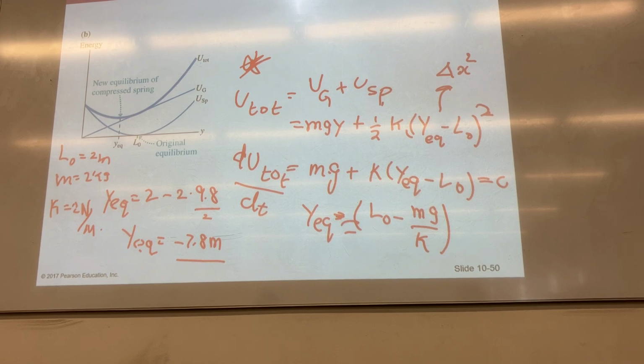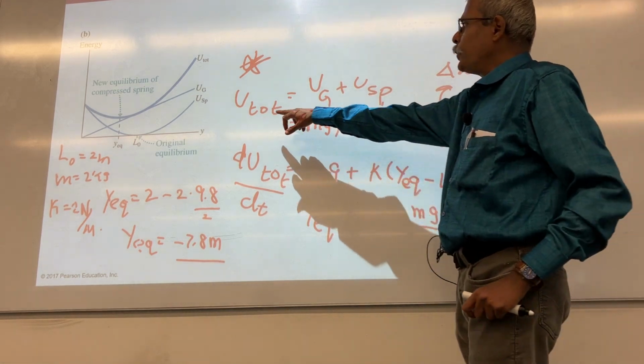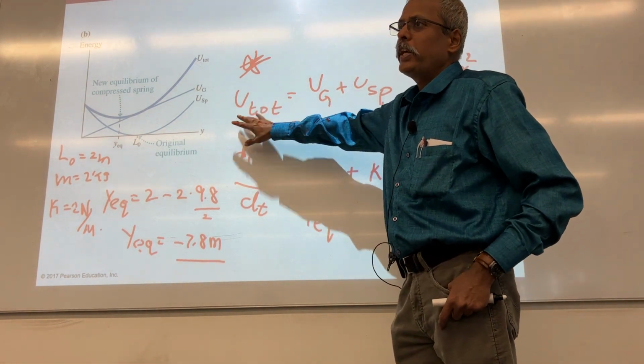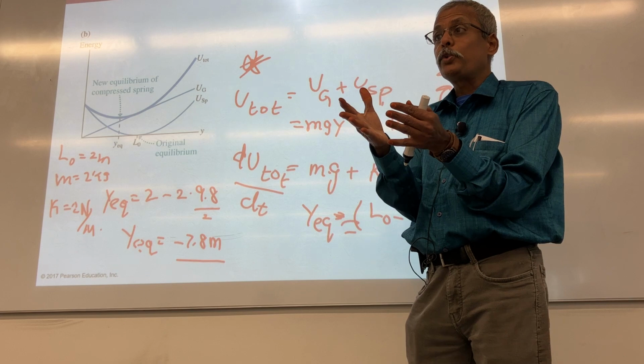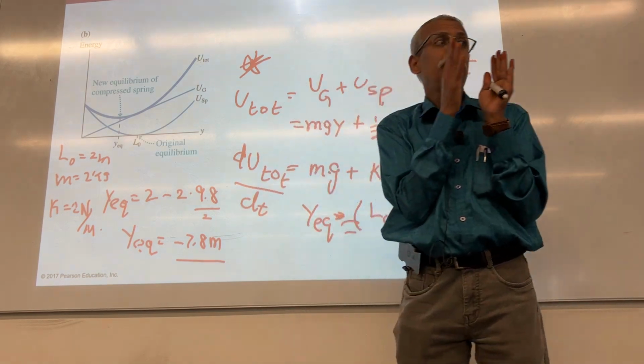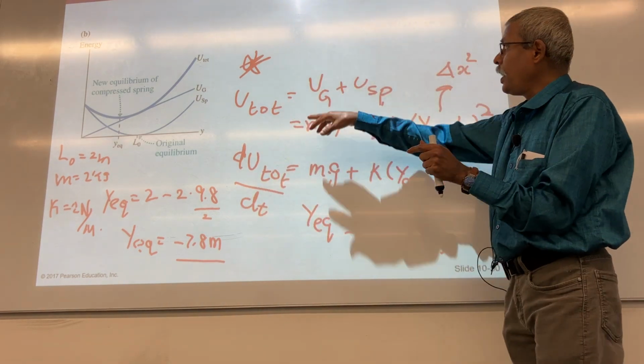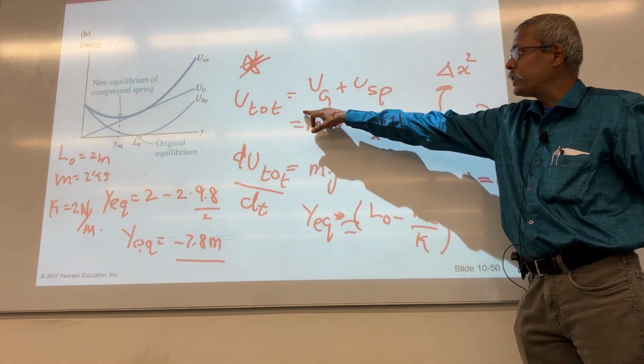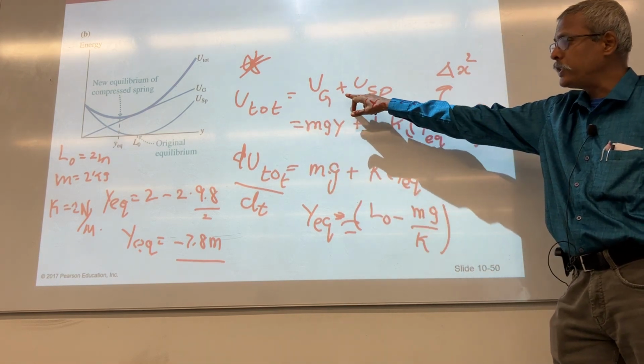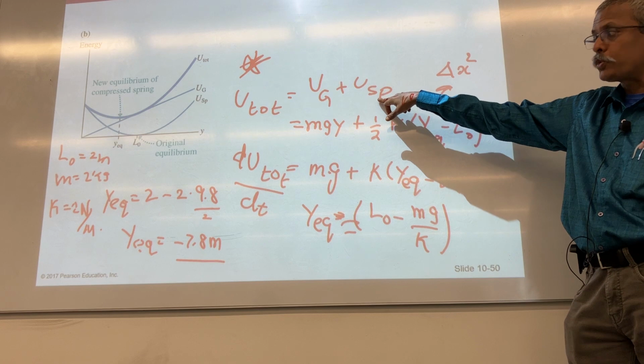What is essential is how to solve the problem. I just did this yesterday, so I did not delete it, and it's good for the time. We can just run through. You are working on the total potential energy, which includes both spring and gravity. So my equation says total potential energy is the gravity plus the spring.